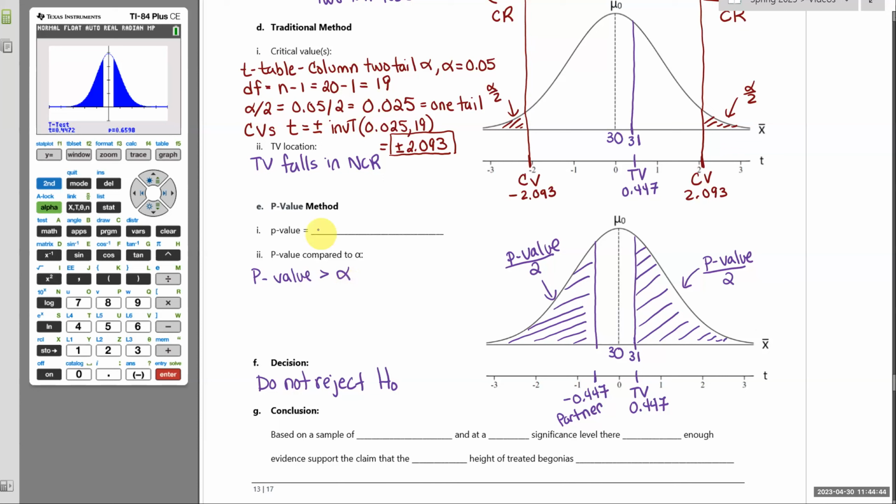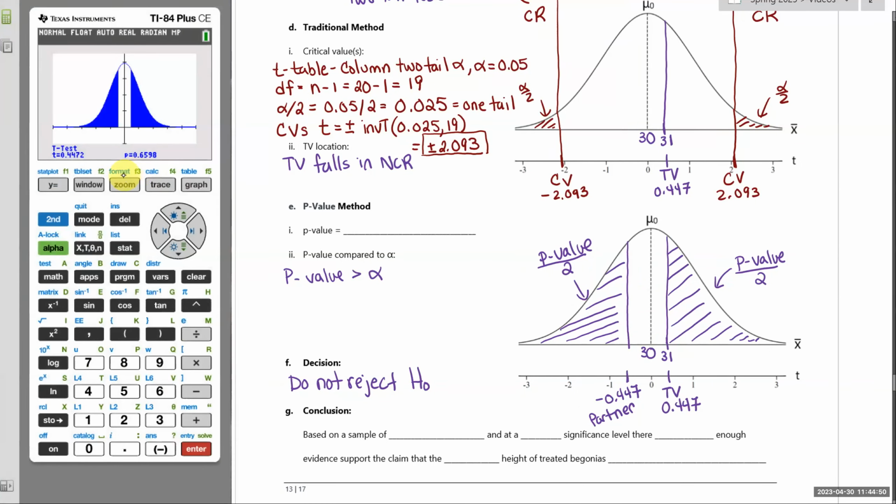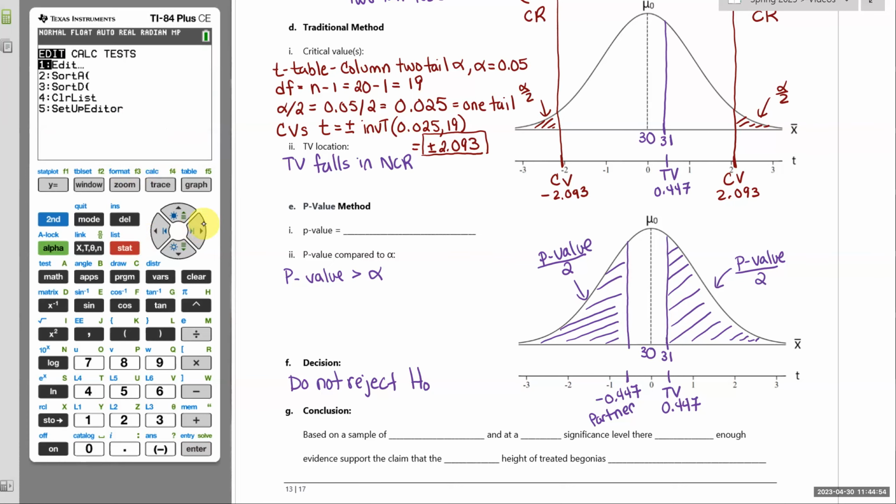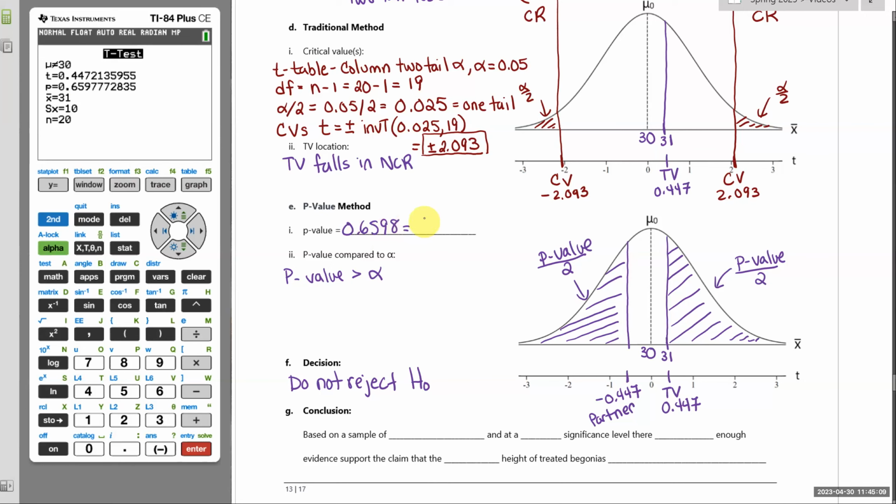And I can now record the numeric value. So that is a little small for my eyeballs, 0.6598. And I am just going to quadruple check here and do calculate because the screen is bigger, 0.6598. That's a really big p-value, 65.98%.